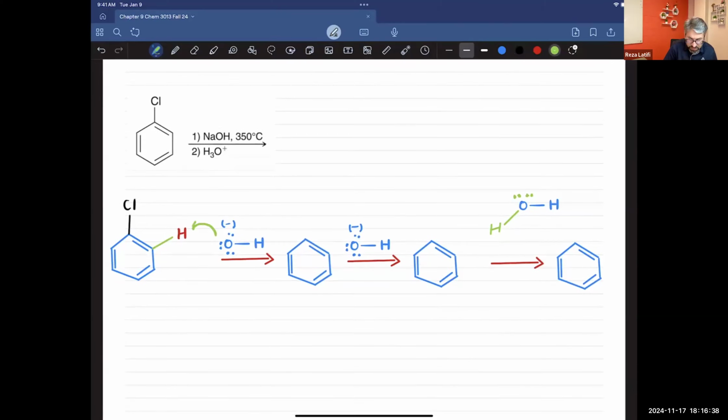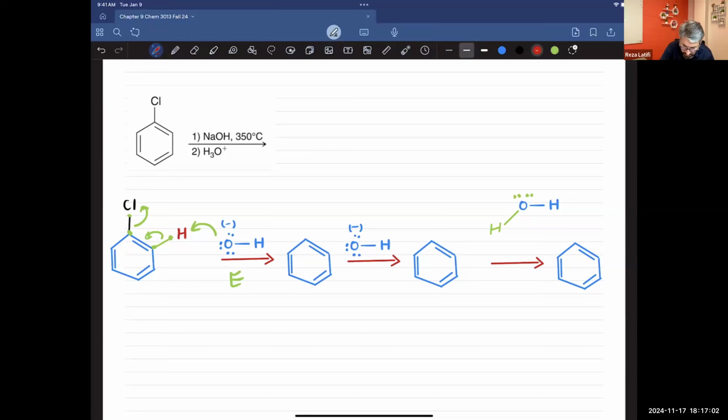OH is going to go after this hydrogen, and it will try to take the hydrogen. That hydrogen will give those 2 electrons to carbon, and carbon will let the chloride take those 2 electrons and leave the system. So technically, this is an elimination reaction. You can call it an E2 reaction or elimination reaction. Now, what do I get?